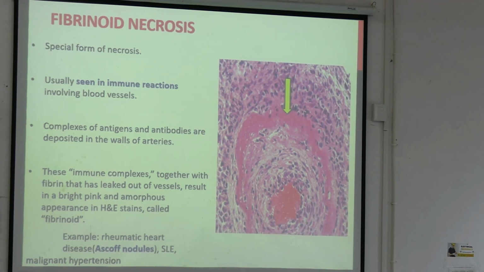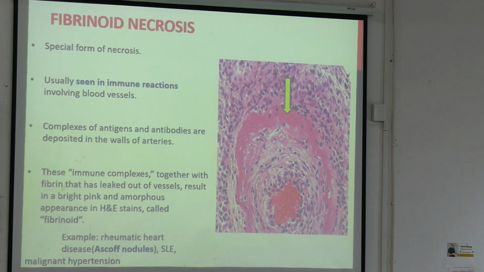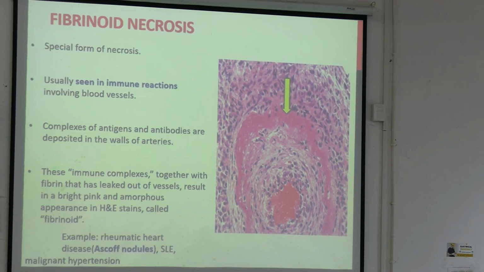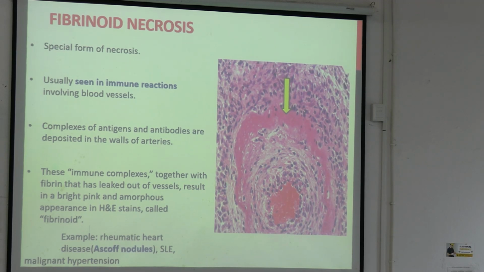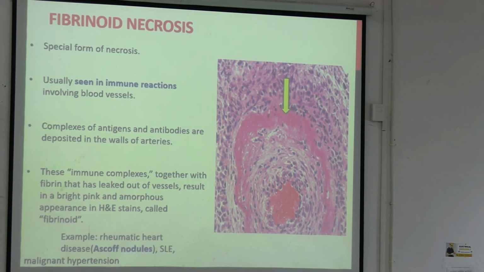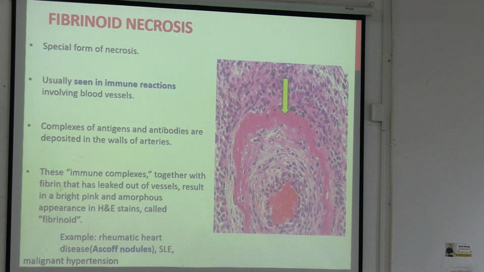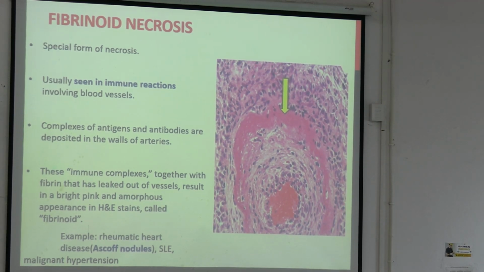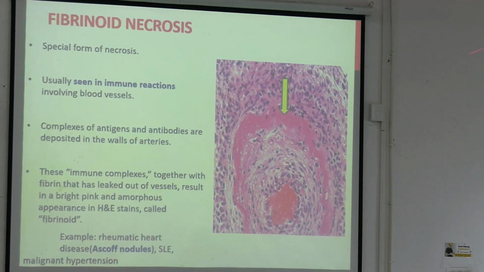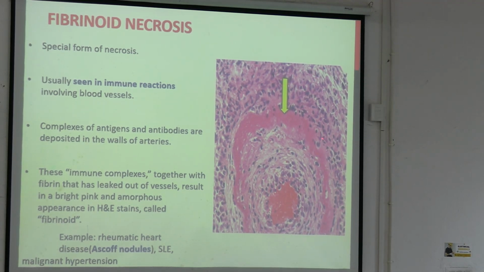arteries, and as a result of immune complex deposition, there will be secondary inflammation. As a consequence, some kind of leaky fibrinoid material is liberated, and it forms this kind of appearance within the arteries.